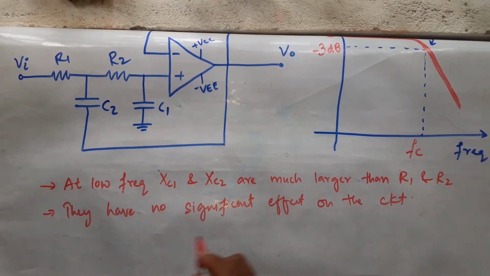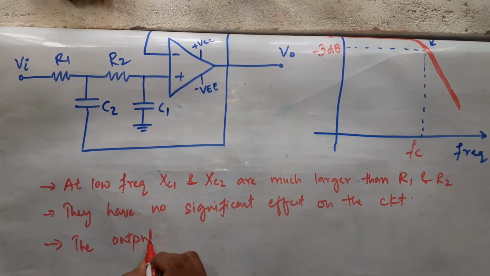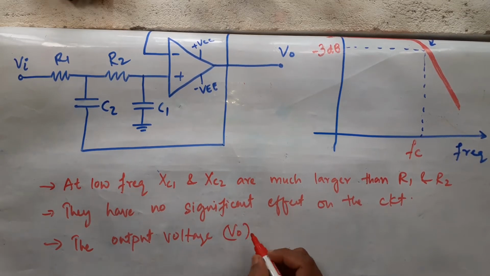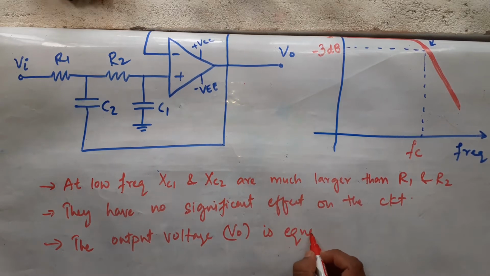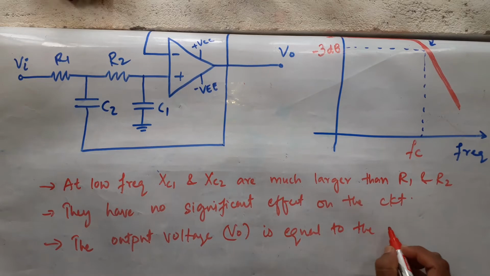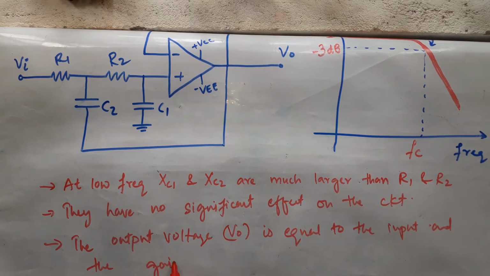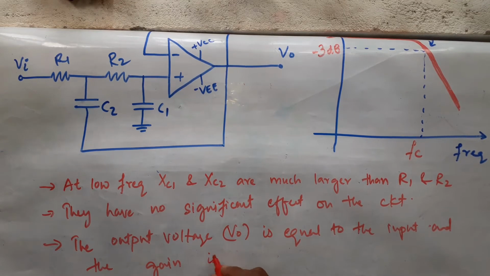Therefore, the output voltage V0 is equal to the input, and the gain is unity. I'll write 1, isn't it?